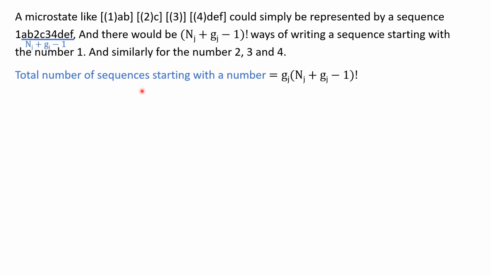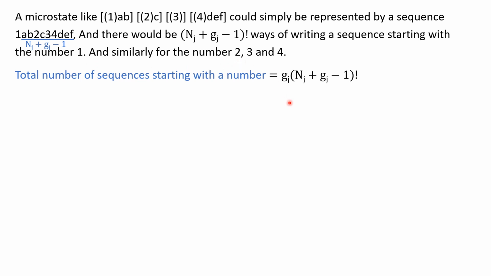So the total number of sequences that start with a number must be equal to gj times (nj + gj − 1)!. Why gj? Because we have gj number of microstates. Here in this particular example, we have 4 microstates, so we will have 4 different sequences starting with number 1, 2, 3, and 4.